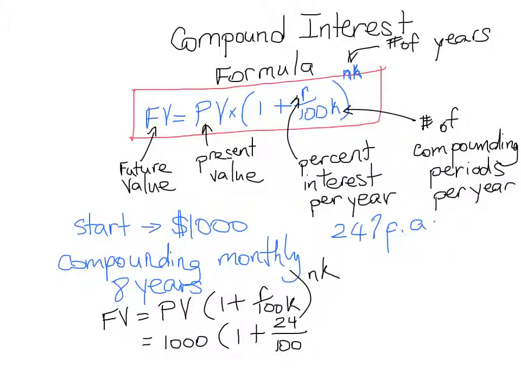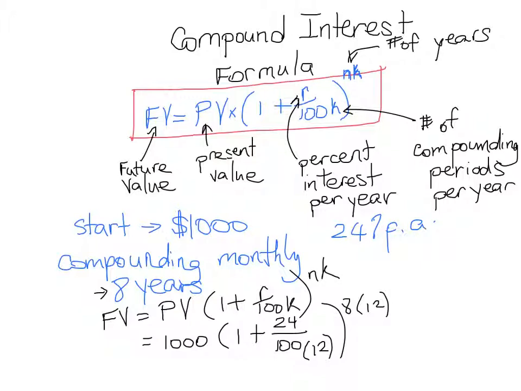Okay, it's compounding monthly, and K is the number of compounded periods per year. Since there are 12 months in a year, K is 12. It's compounding 12 times per year, raised to the NK power. N is 8 years, so N is 8, and K still is 12.